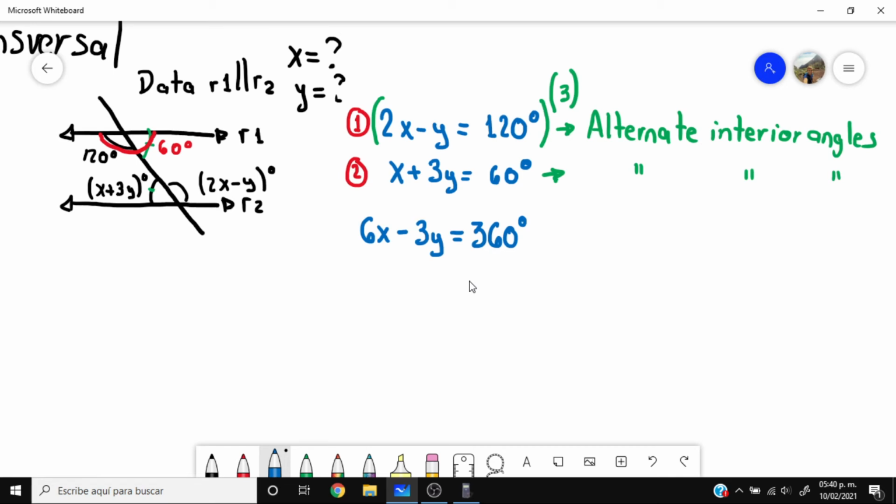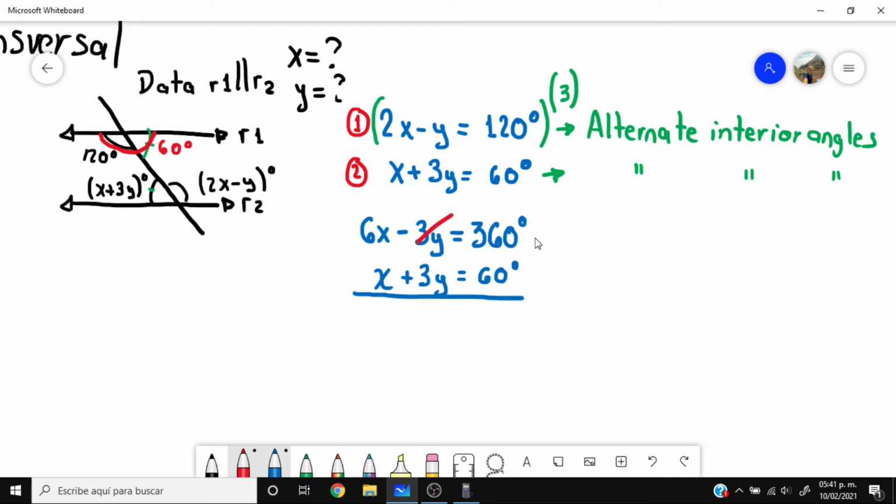Okay, so I'm gonna write the equation number 2. I didn't make any modifications to the equation number 2. So it's gonna be the same. X plus 3y equals 60 degrees. Okay, so why did I multiply the equation 1 by 3? So the variable y can be eliminated.